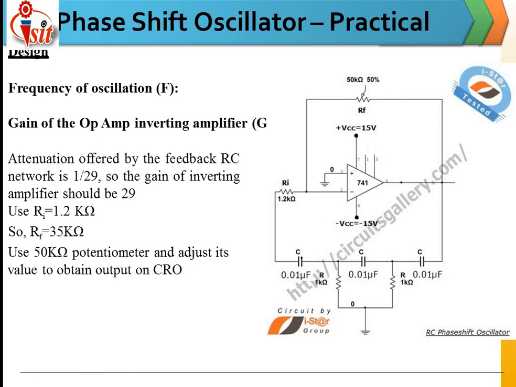By putting these values, we are getting that gain is equal to 29, and thus by using this output we are designing this circuit, and this circuit will help us to design the RC phase shift oscillator, like our Wien bridge oscillator. Thus we have studied the designing of the practical oscillator.